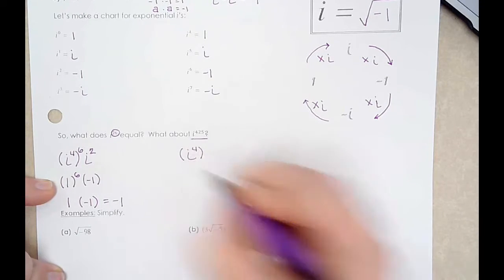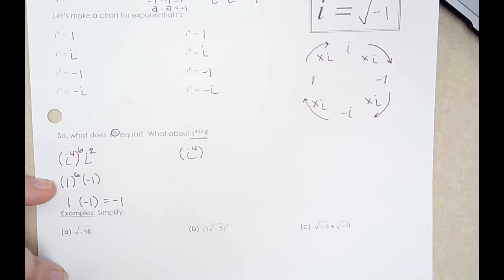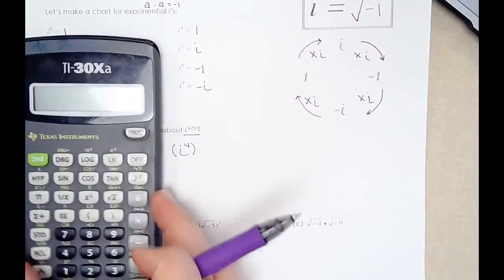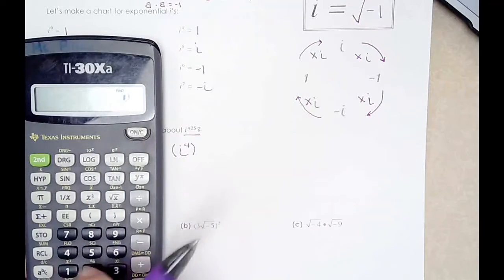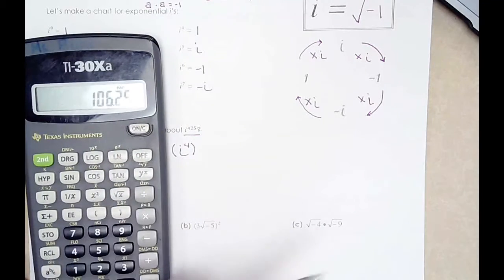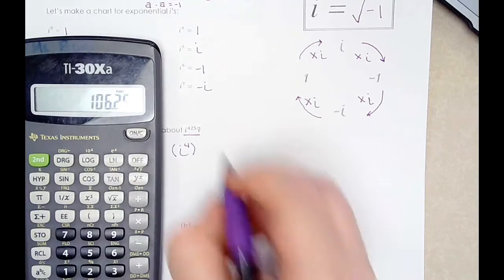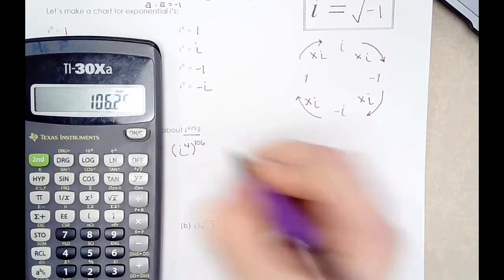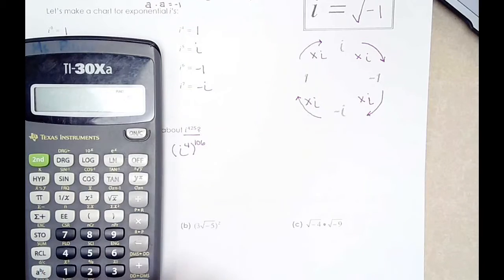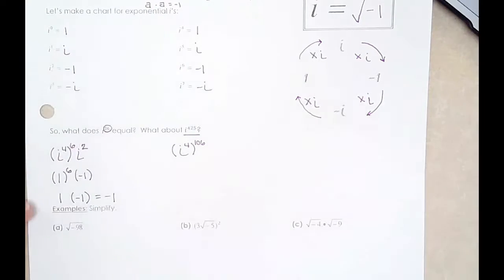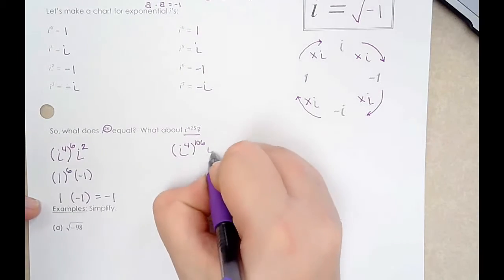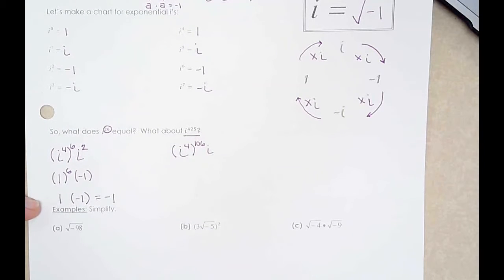I want to say, how close can I get to 425 using the number 4? Well, if I take 425 divided by 4, it goes in 106 times. And 4 times 106 gets me to 424. I'm now only 1 i away, so all I have to say is multiply by a single i.